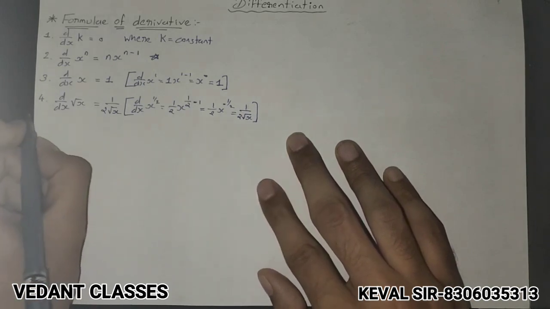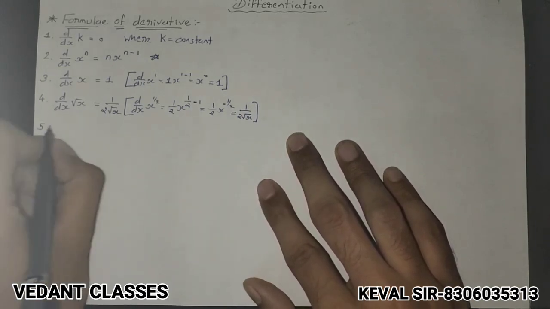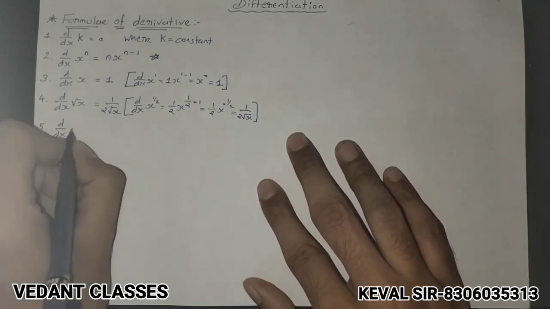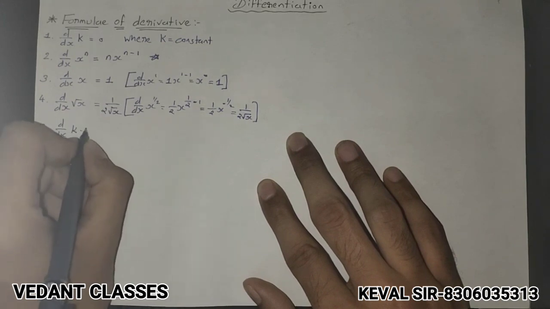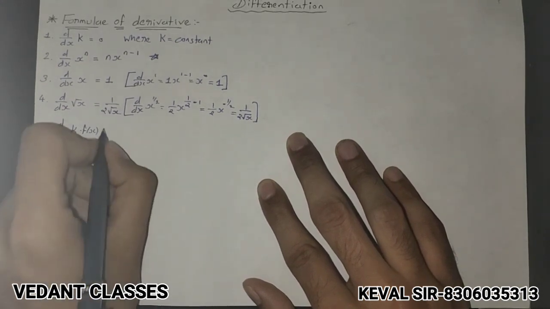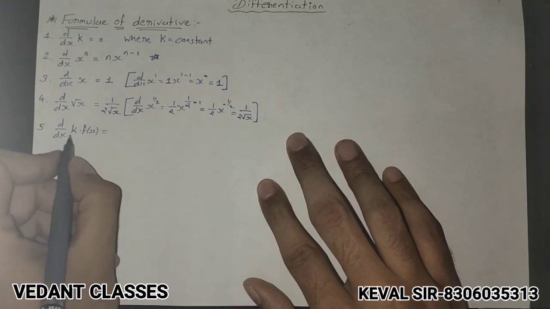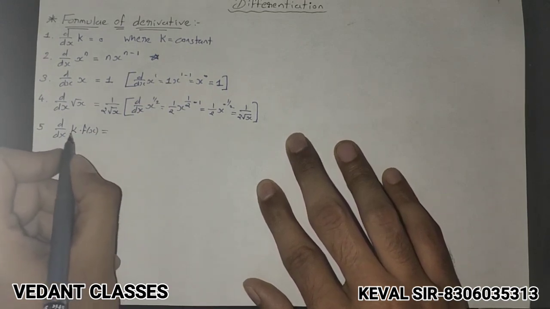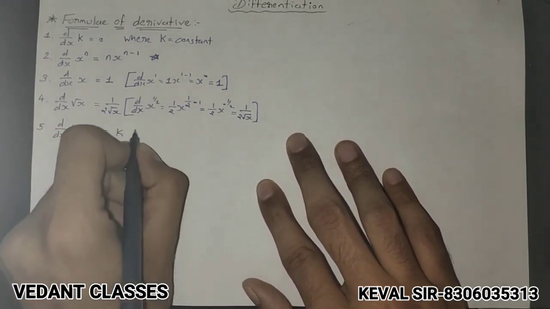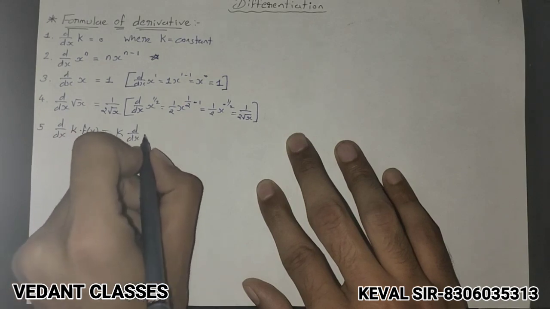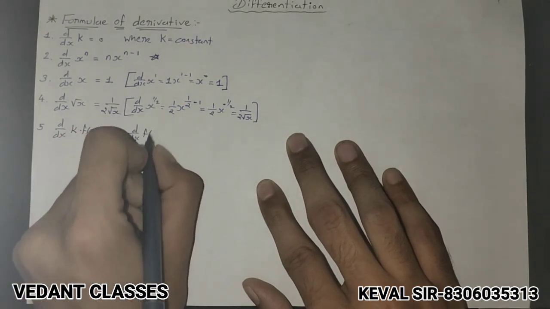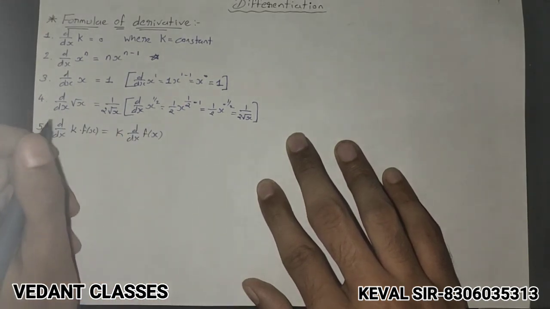Now let's see the next formula, 5: d by dx of k dot f of x. If it is like 5x, you need to keep 5 aside and take out the derivative of x only. So it will be k d by dx of f of x.